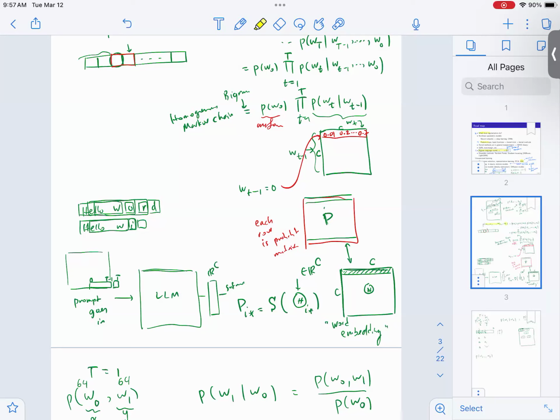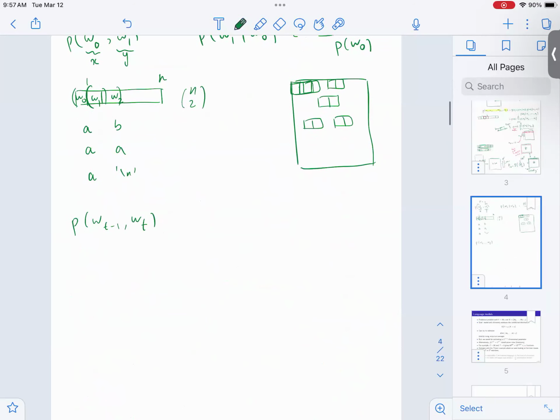So remember binary classification, logistic regression. The probability of y equals 1 given x is sigma of theta transpose x.